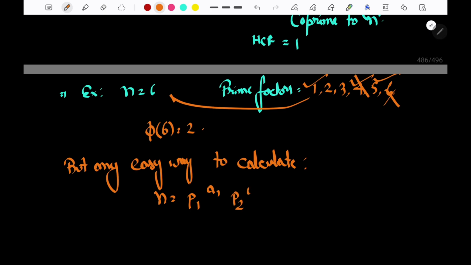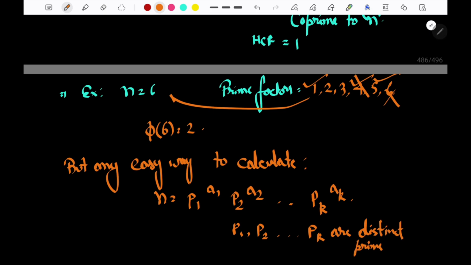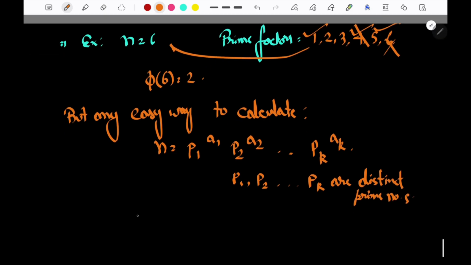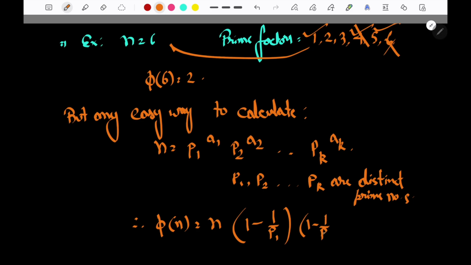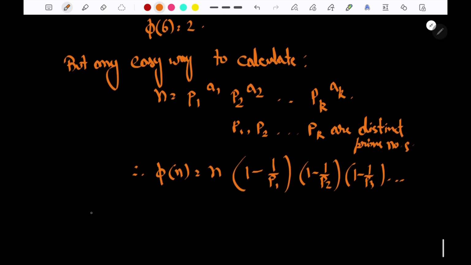If n is P1 to the power a1, P2 to the power a2, and so on till Pk to the power ak, where P1, P2, Pk are distinct prime numbers, then phi of n can be written as n into 1 minus 1 by P1, 1 minus 1 by P2, 1 minus 1 by P3, and so on.